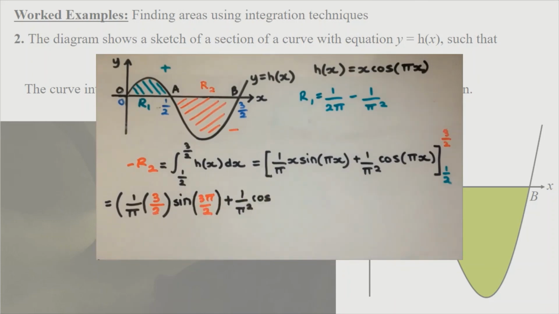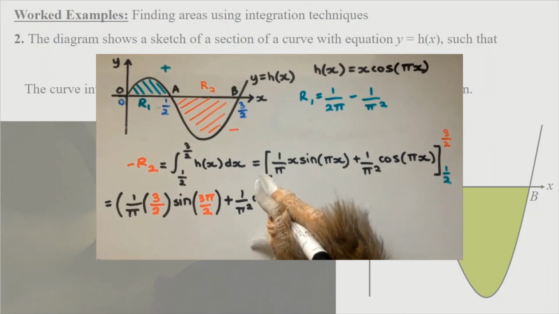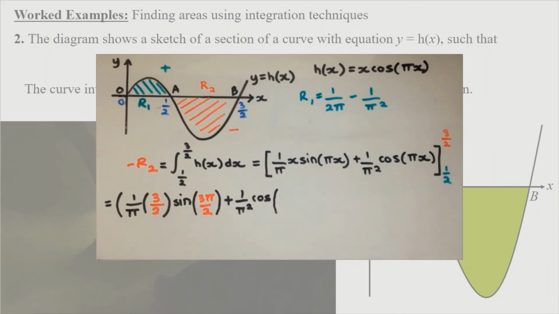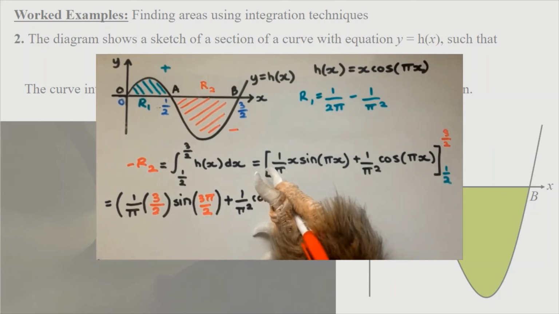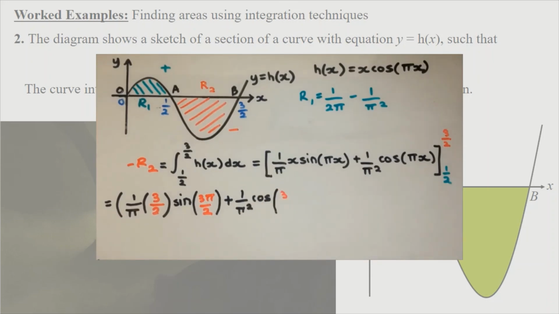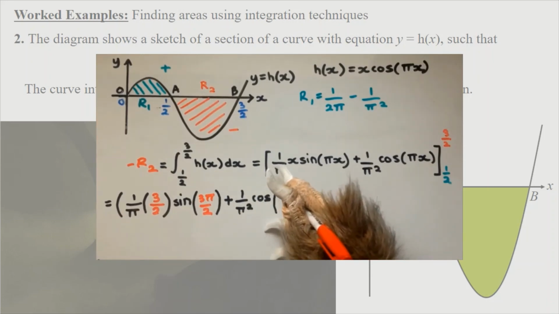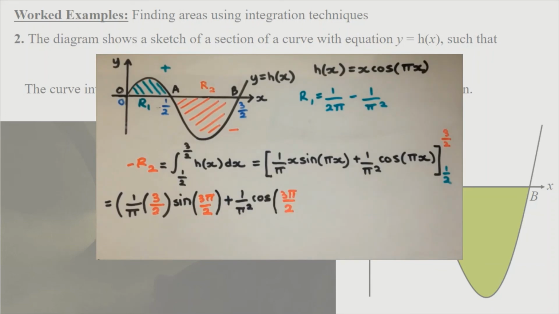So cos of 3 pi over 2, like that. And that gives us our upper limit, okay? So we evaluate that and we have the upper limit.